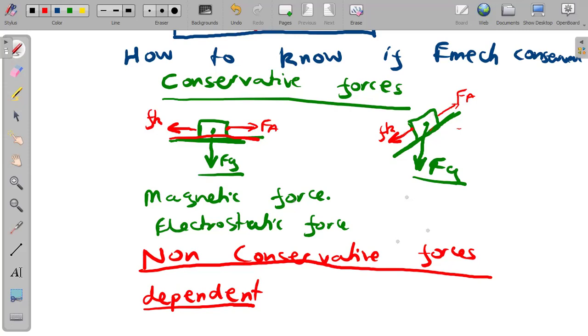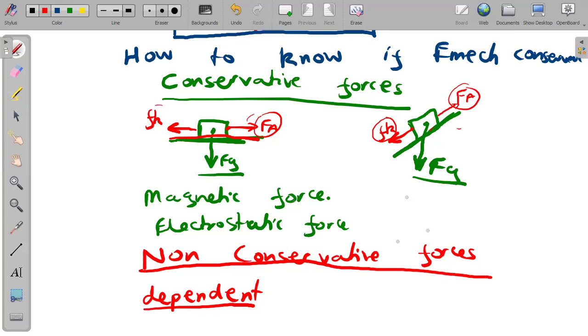These two forces I am giving as examples are path dependent. Whenever they do work, the work is going to be path dependent. So definitely these are non-conservative forces.